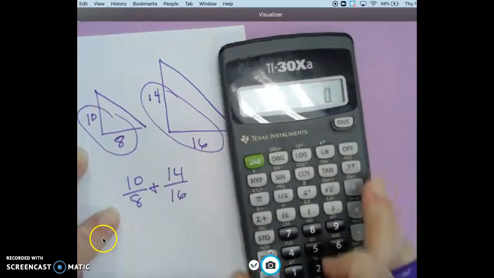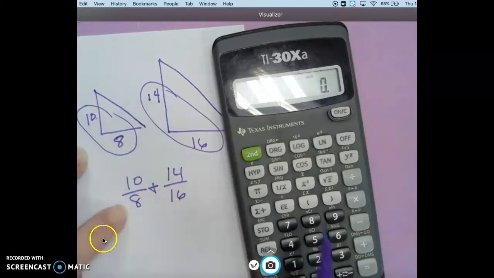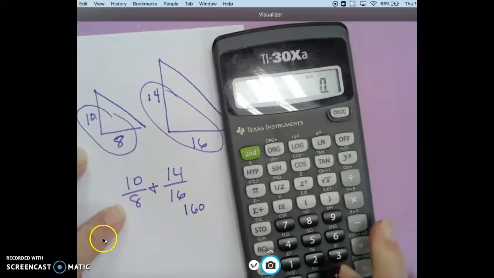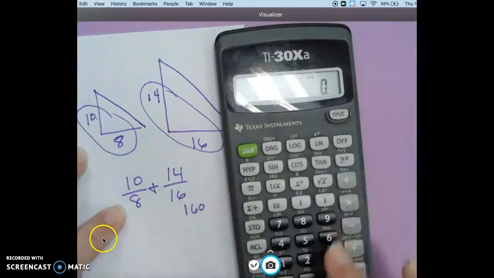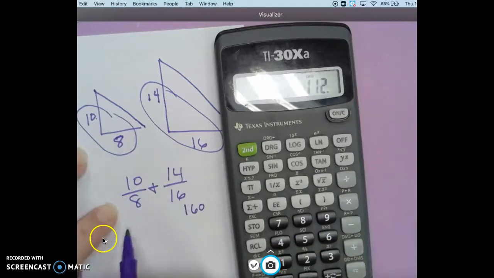Remember, I kept it consistent, so the left and the bottom, the left and the bottom. So that's going to give me 160, 10 times 16, and then 8 times 14. So then for that particular problem, it would be no, they are not equal.